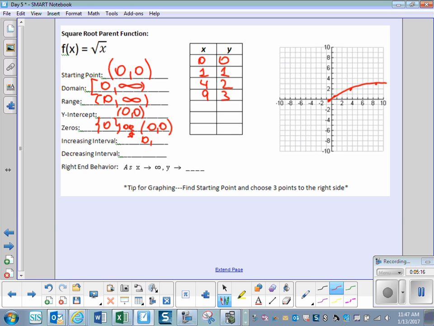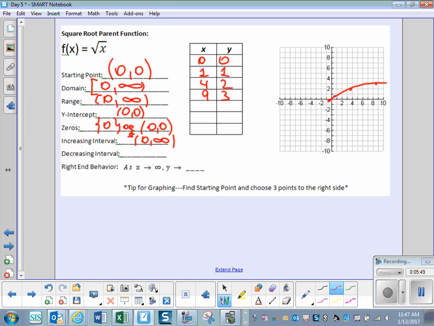Remember, this function doesn't really have any maximums or minimums except the starting point. There are no turning points, no local maximums, no local minimums. For intervals, we'll only have parentheses. So the function is always either increasing or decreasing forever, no turning points.